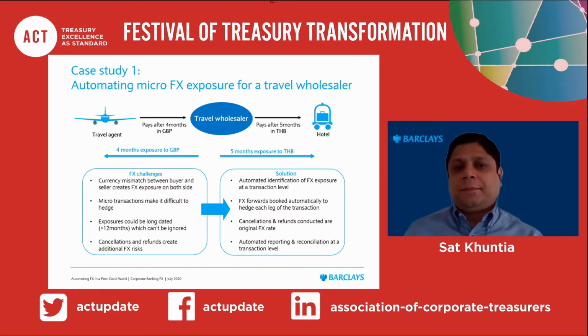In this particular example, the travel agent has an end client based in the UK who is making a holiday booking in Thailand, and they're due to travel, let's say, after 4 months. Let's also assume that the payment term the travel wholesaler has with the hotel is 1 month, so they're due to pay the hotel in 5 months' time, and the end consumer is expected to pay after 4 months.